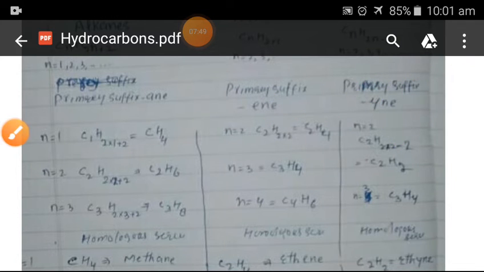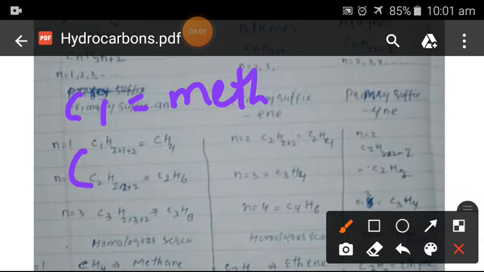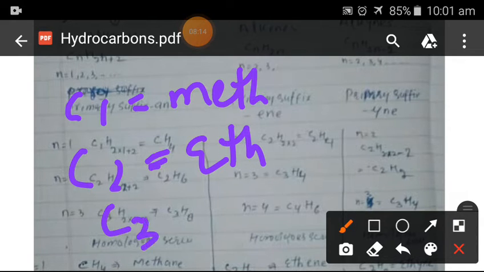Clear? So here we have just seen for alkanes, for example, when writing the IUPAC nomenclature of these compounds, when carbon number is 1, its word root will be meth, when carbon number is 2, word root will be eth, and when carbon number is 3, word root will be prop.